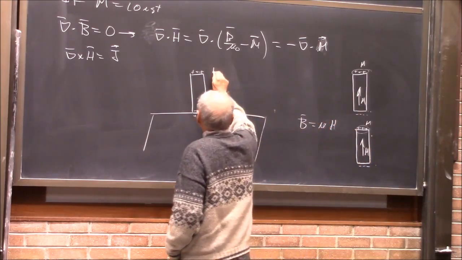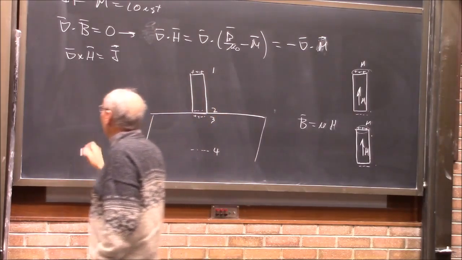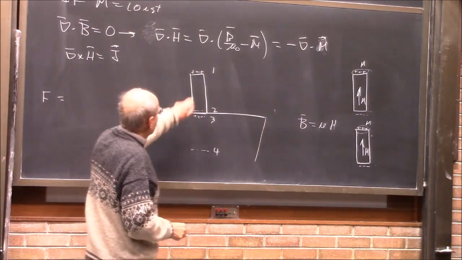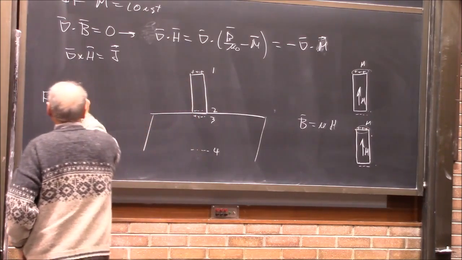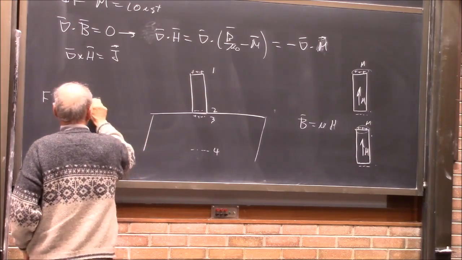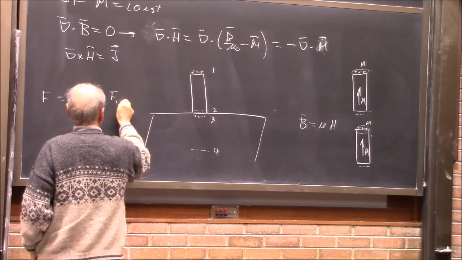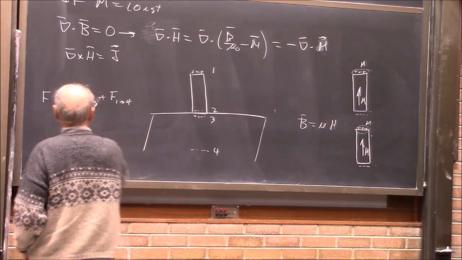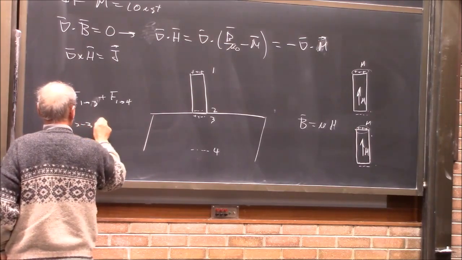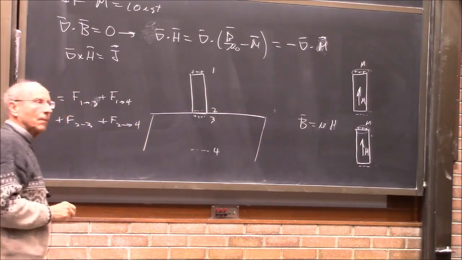If we called this 1, this 2, this 3, and this 4, then the total force was the force of 1 on 3, the force of 1 on 4, the force of 2 on 3, and the force of 2 on 4.